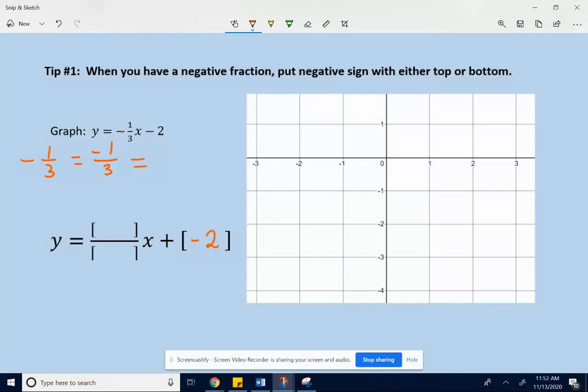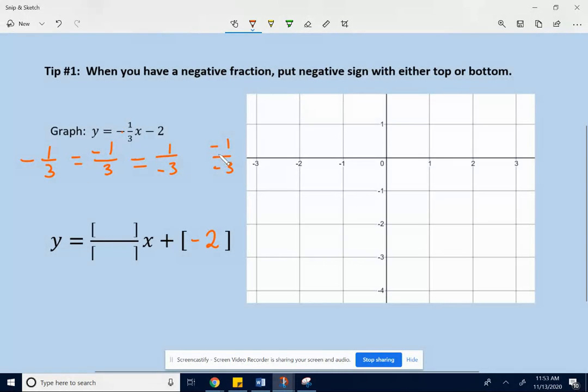I could also take that negative and put it on the bottom, because a positive divided by a negative is also equal to that negative fraction that we need. What we don't want to do is put the negative both places.